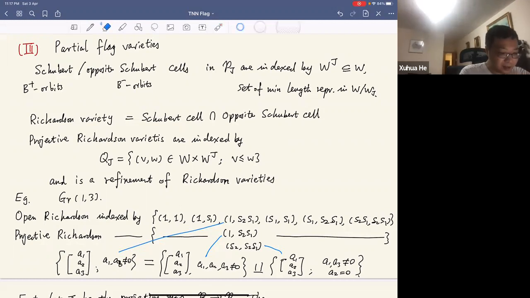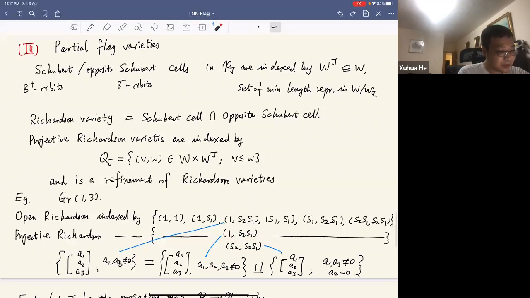And here, this is a projective Wilson variety. 1, S2, S1 just corresponds to that. We still want A1, A3 to be non-zero, but also we want A2 to be non-zero. And so this gives you something which is two-dimensional. And the other is S2, S1, where we want A1, A3 to be non-zero and A2 to be zero.